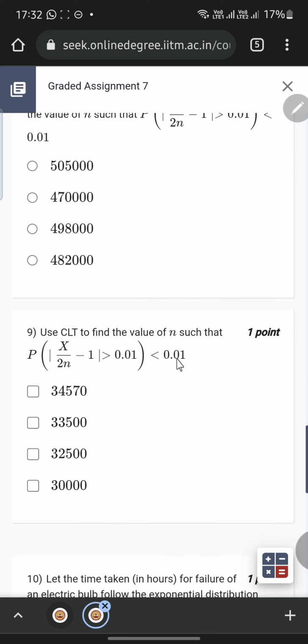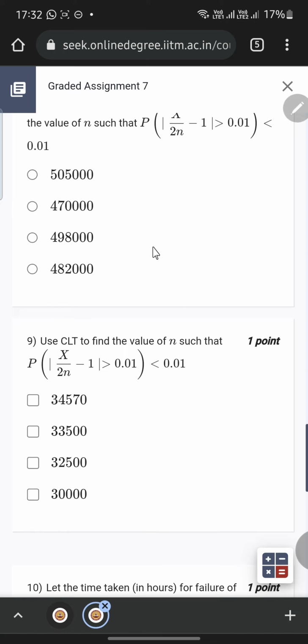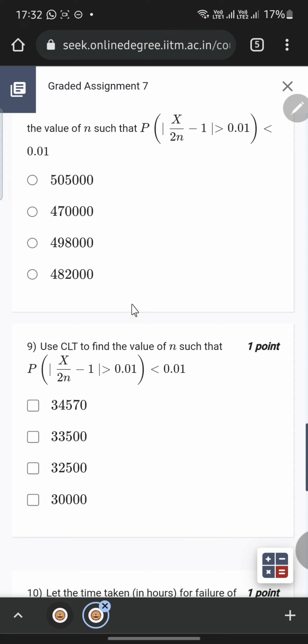Now next question is, we need to use CLT here. So we already know that the CLT's formula is x minus n mu by sigma root n gives normal 0 comma 1, right?